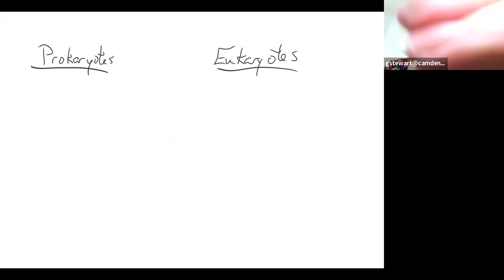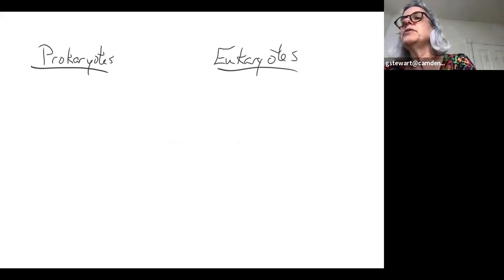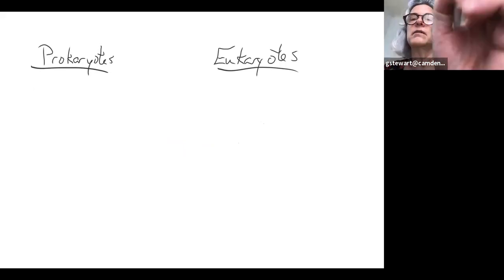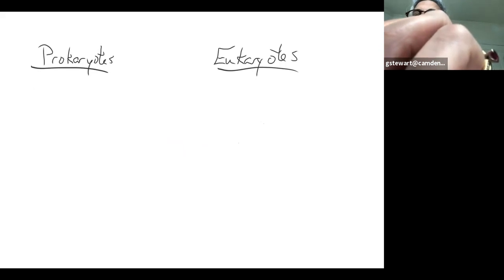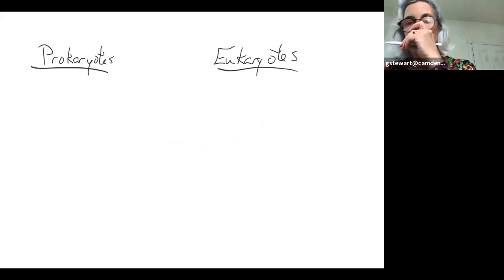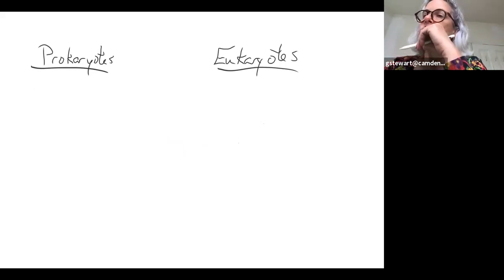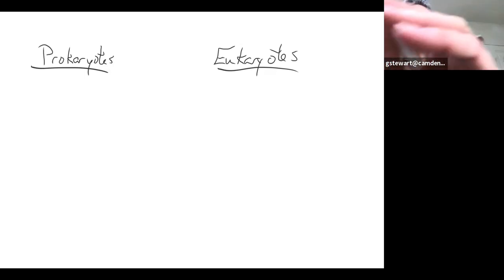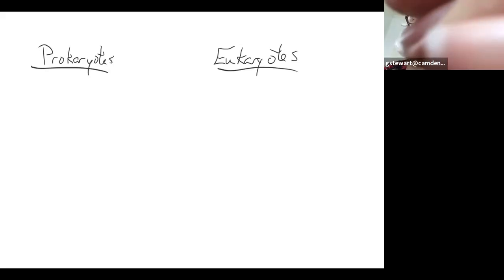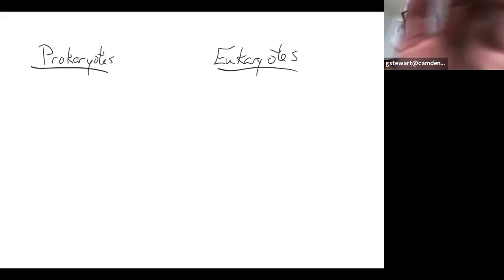So prokaryotes, can anybody, either in the chat or if you want to join in, tell me one characteristic of prokaryotes that's different or similar in eukaryotes? No nucleus, says Bridget. Okay, so you're saying prokaryotes have no nucleus.